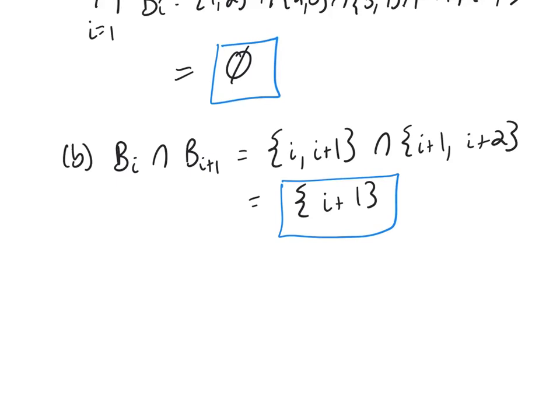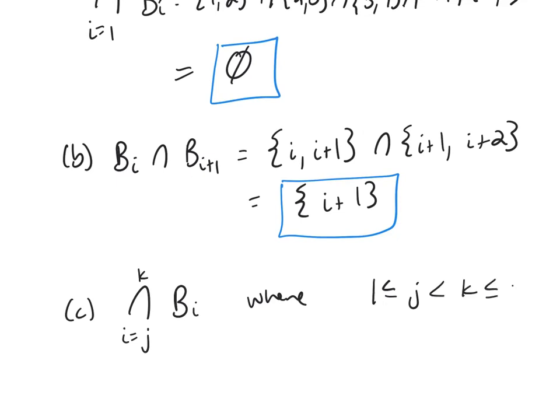And we're going to look at one more intersection problem for this example. Let's intersect from i equals j to k of Bi, where j is less than k.